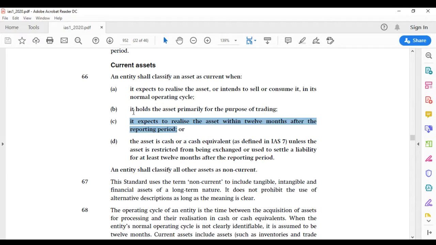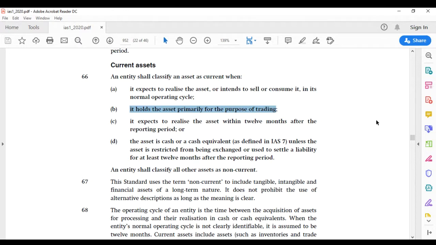Right, then let's look at the second easiest one, and that is B. If it is held primarily for the purpose of trading. The best example I can think of here is when a company invests in the shares of another company.